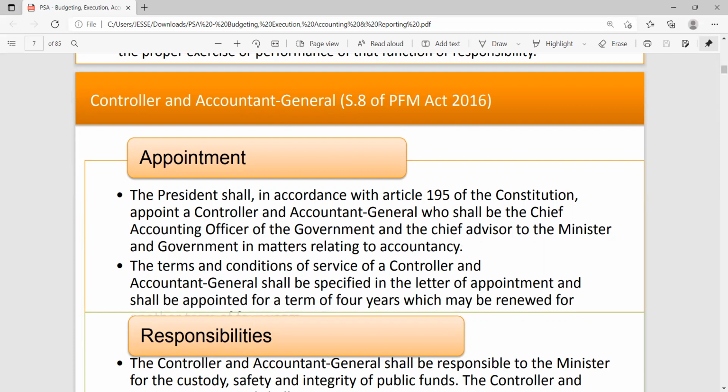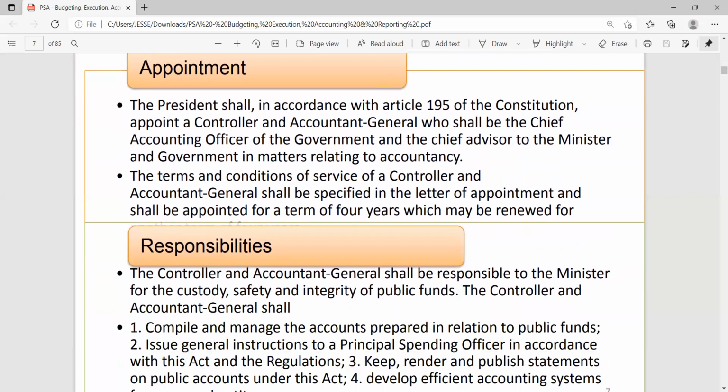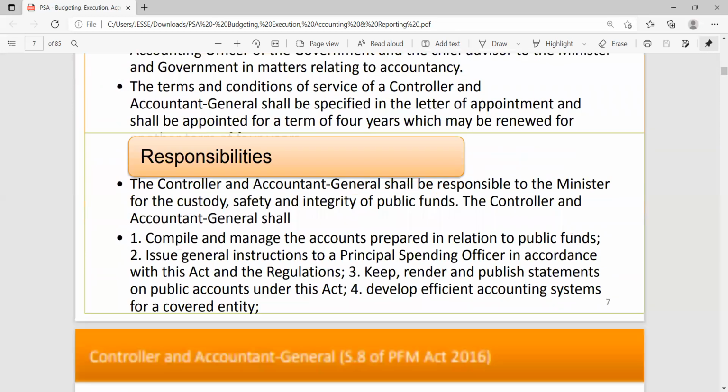The terms and conditions of service of a Controller and Accountant General shall be specified in the letter of appointment, and shall be appointed for a term of 4 years, which may be renewed. It's very, very crucial. So the Controller and Accountant General is appointed for a term of 4 years, which may be renewed.